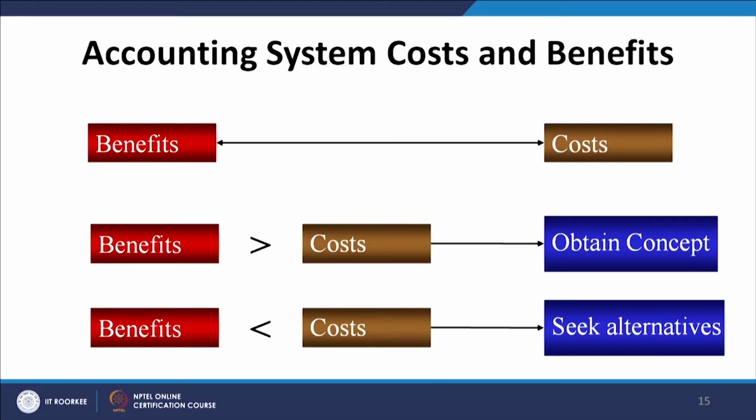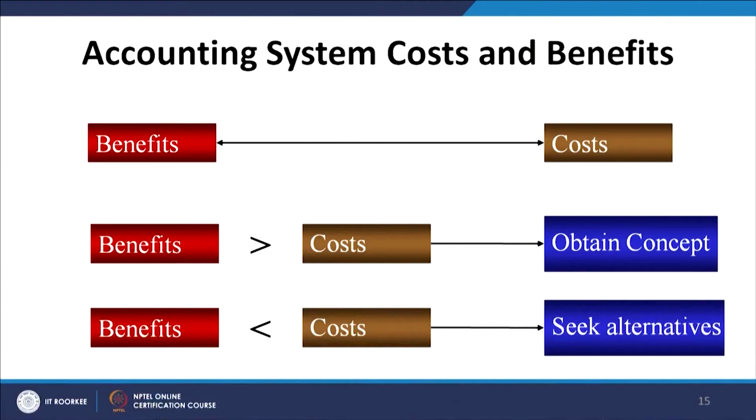Now when you talk about the internal systems or accounting systems, in management accounting only those actions are taken where we have the information about benefits and cost. They are the basic decision making factors in management accounting.